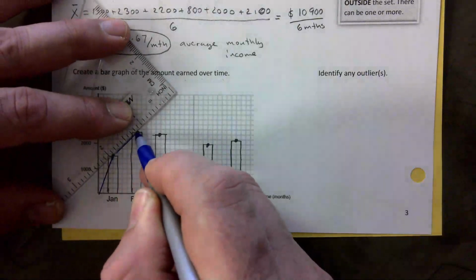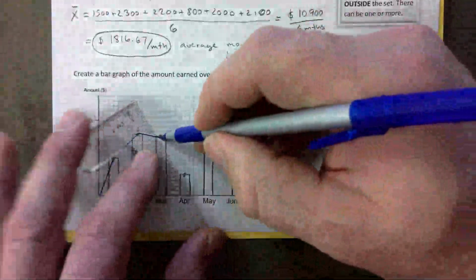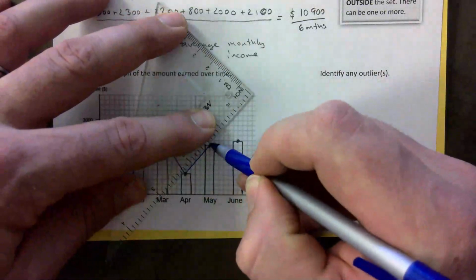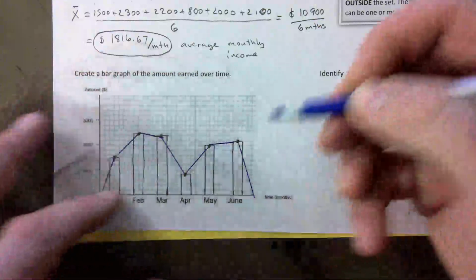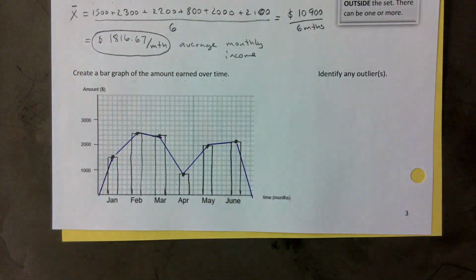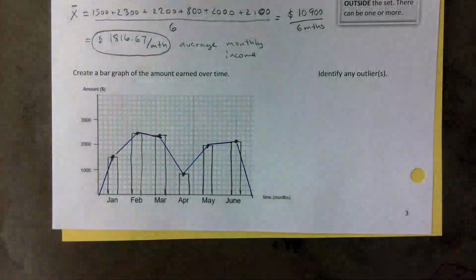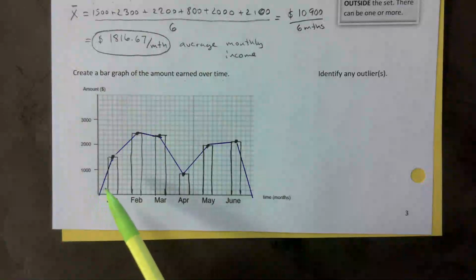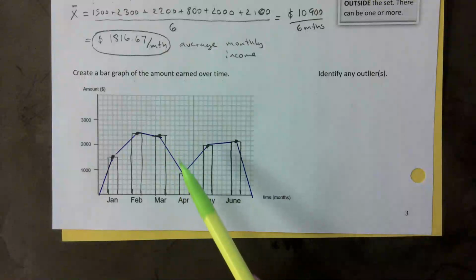If you connect those, you can also see what's happening. And then we always go down to the axis, so that's another way of visualizing it. You can clearly tell, where does our income drop off? The month of April, right?